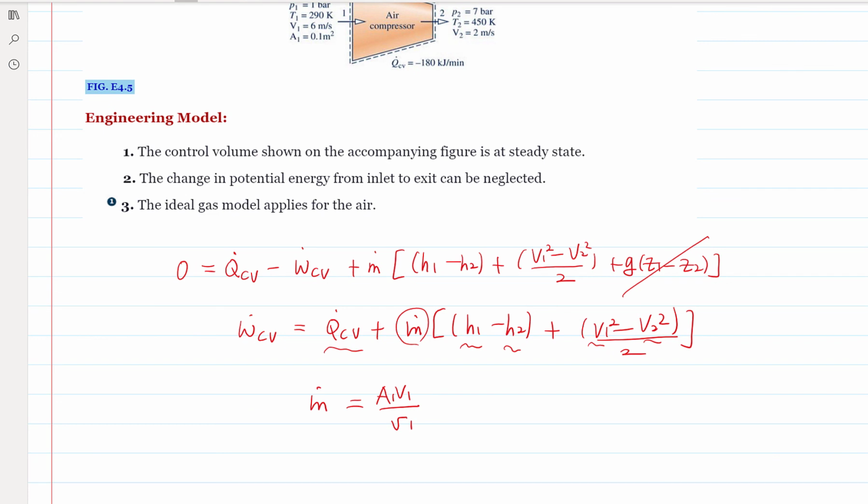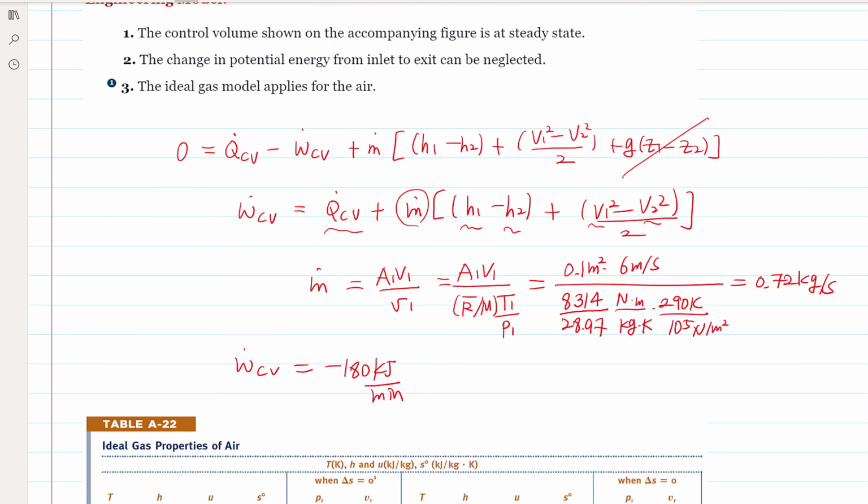Mass flow rate can be determined by the volumetric flow rate divided by the specific volume at the inlet. Since air is considered an ideal gas, we use the ideal gas law to determine the specific volume. Heat loss to the surroundings is in kilojoule per minute, and we are going to convert it to kilojoule per second.